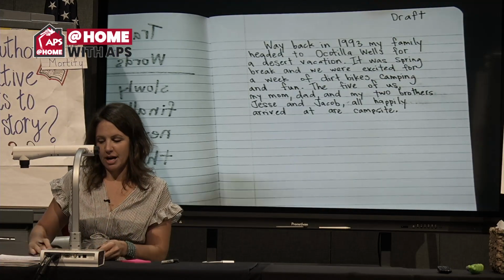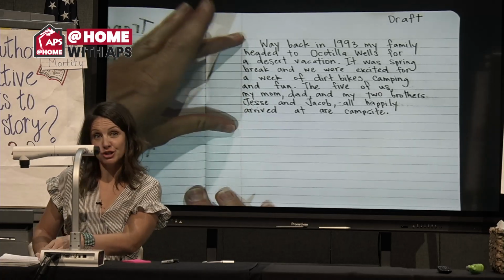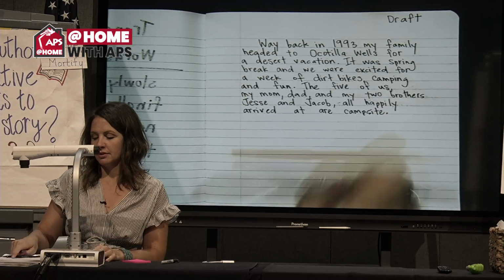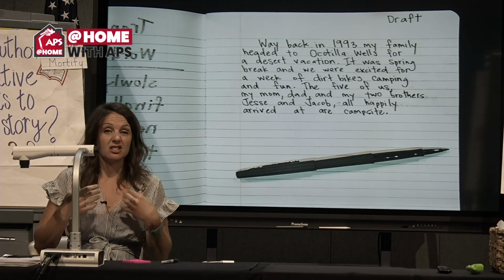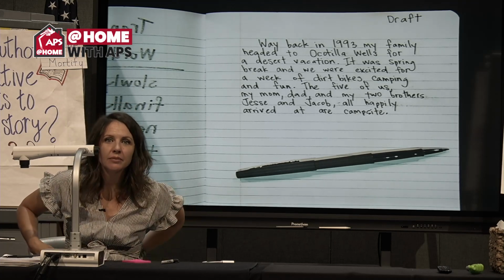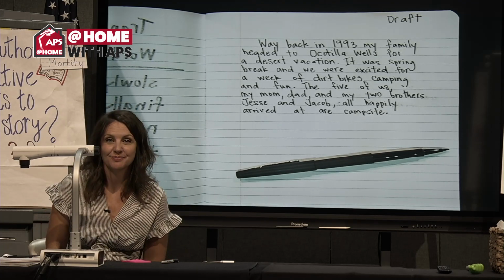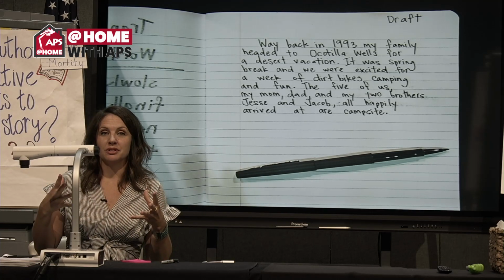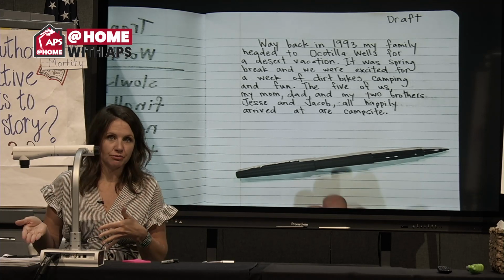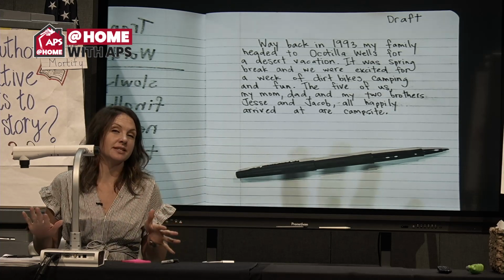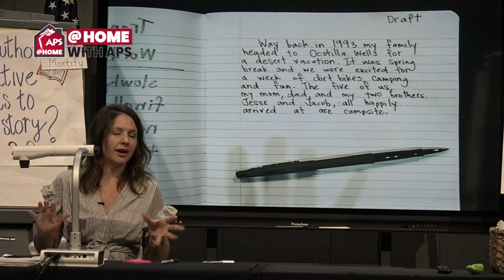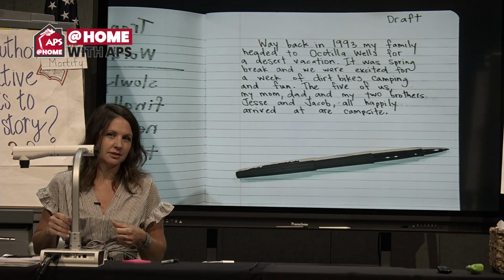Once I finish writing my first paragraph, what I like to do, this is a strategy, I use it all the time. It's called magic headphones. Magic headphones is a way to reread your writing, to look for any mistakes, or if you left anything out.